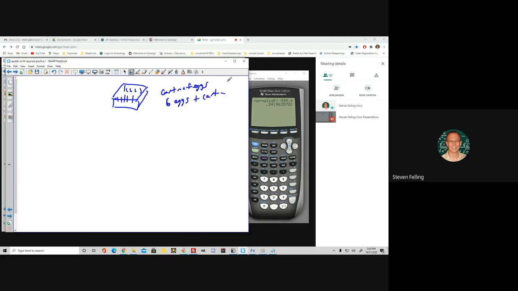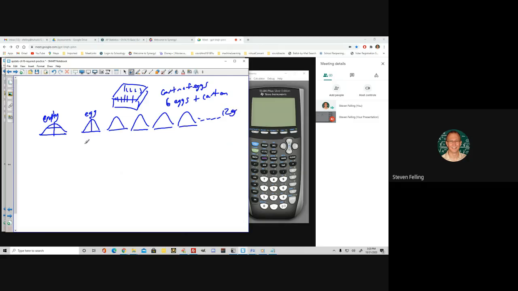And maybe we knew that the empty carton had a certain weight. We had its mean and standard deviation. And then we knew that an egg varied with a certain weight and standard deviation. And there were 12 of these eggs in here.